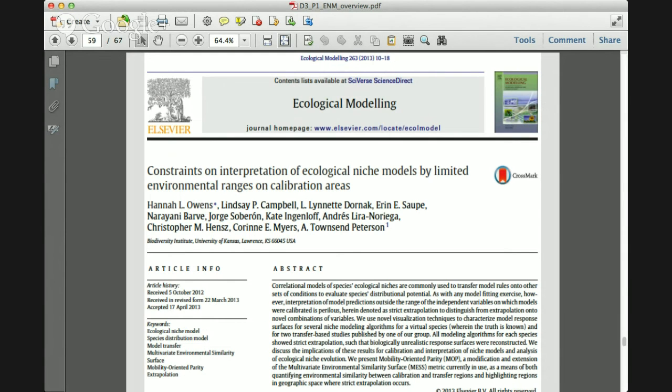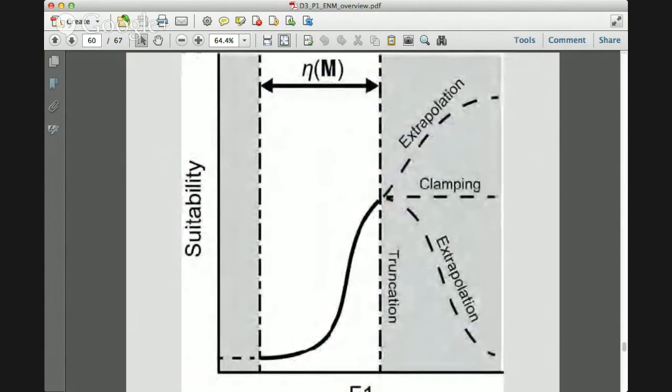So look at this paper by Owens et al. And essentially what we're doing here, remember this diagram I showed you a couple days ago. We have an environmental dimension across the x-axis, and the portion of that axis that is essentially visible to us because it's within the M area, the accessible area, is this white region in the middle.